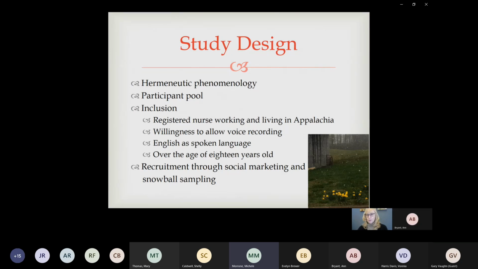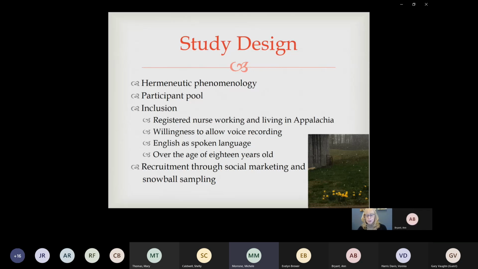There was no requirement for native Appalachian because I really understood that the participant pool would include nurses who were working and living in Appalachia because of the changing profile of the region. So I just decided that that would be a better way to go. Recruitment was a little bit problematic because I am a resident, and I practice professional nursing in this area.